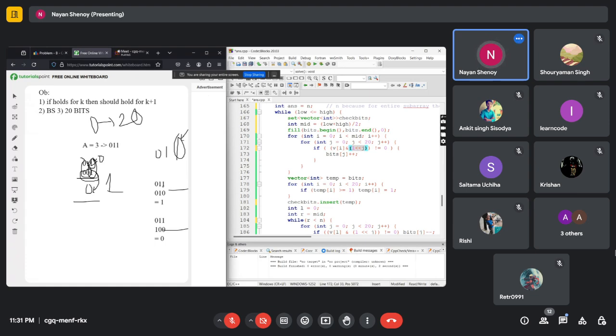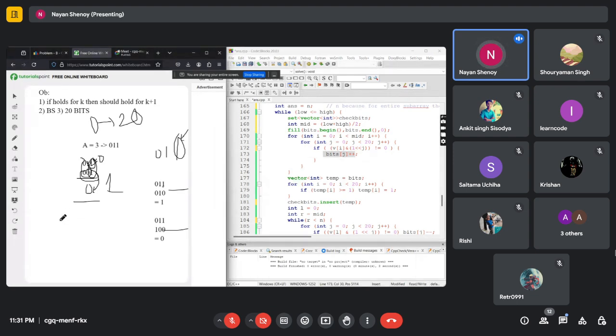I am checking bit by bit for every v[i] whether there's a bit set or not in a particular position. So if it is not equal to 0, I can say that at some value of j my bit is set at j, so I'm increasing the count of bits at j. Okay. So in our case here we got it as 0, 2, 2.